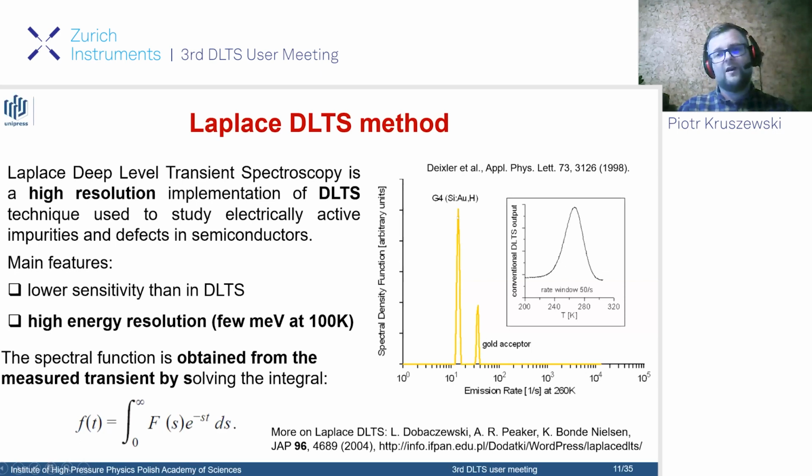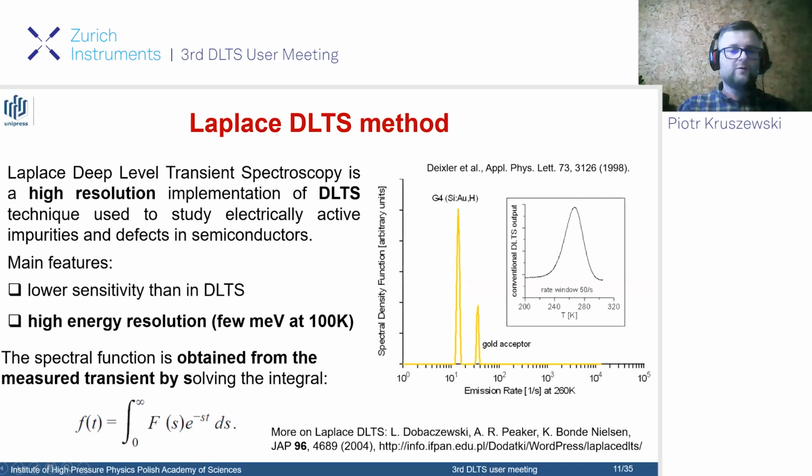This is silicon, and in Laplace DLTS we see that there are two components: G4, which is the gold hydrogen level in silicon, and also a gold acceptor, which are separated over here. So the Laplace DLTS technique offers very high resolution.